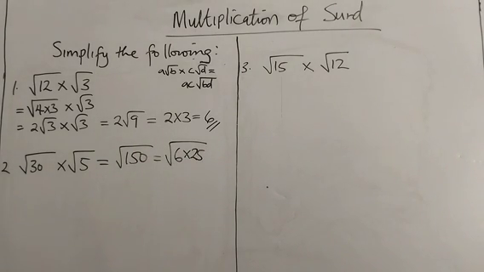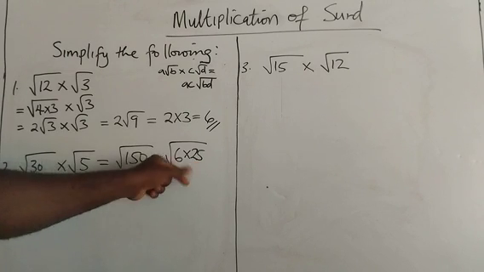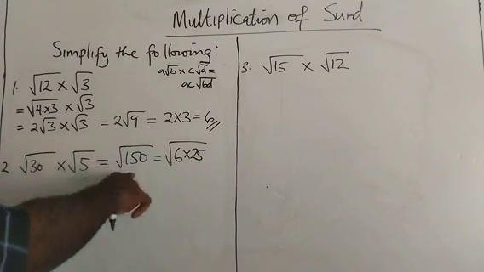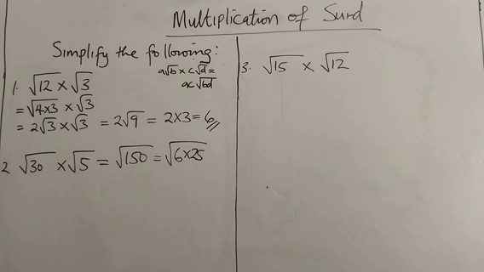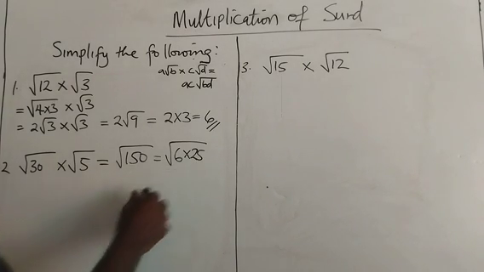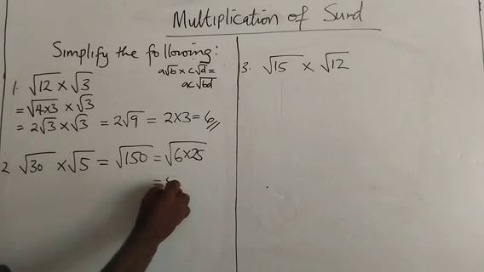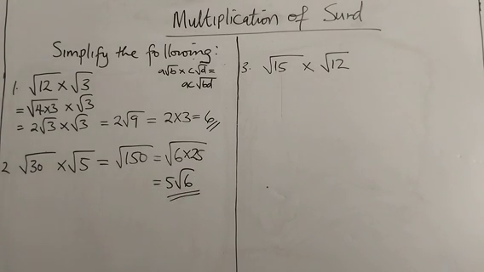That's the best combination that can simplify root 150. 25 is a perfect square, so that is the highest perfect square you can get among the factors of 150. Going further, the square root of 25 will give us 5 root 6 as the final answer.